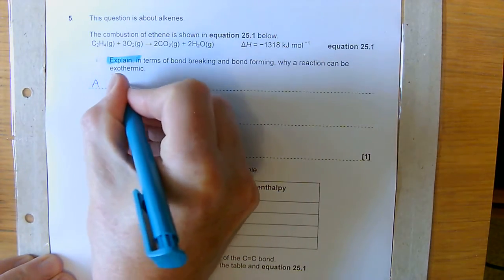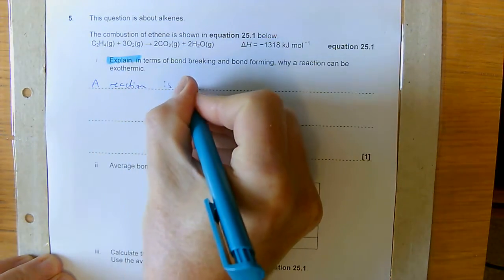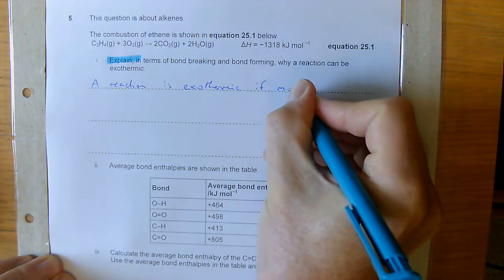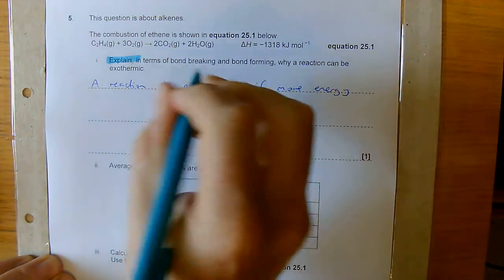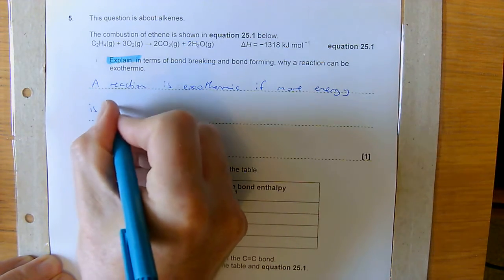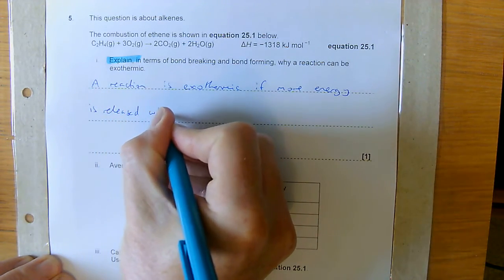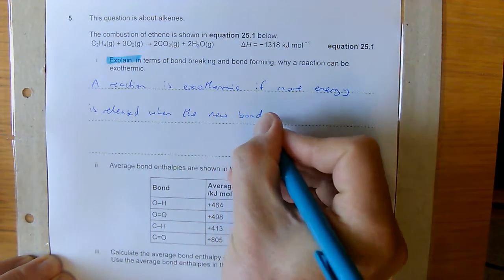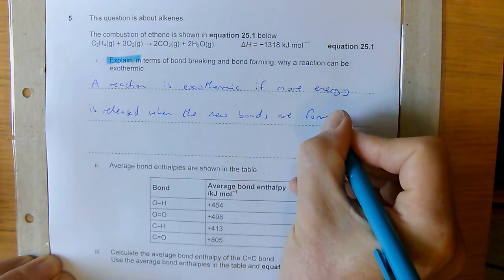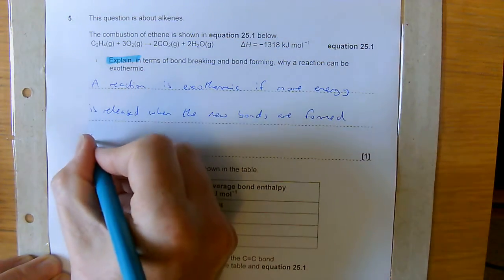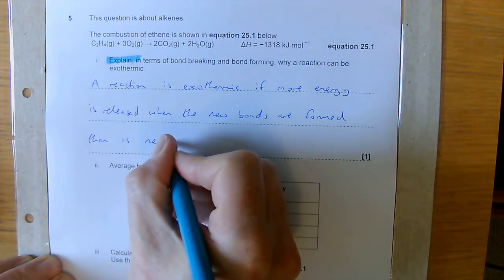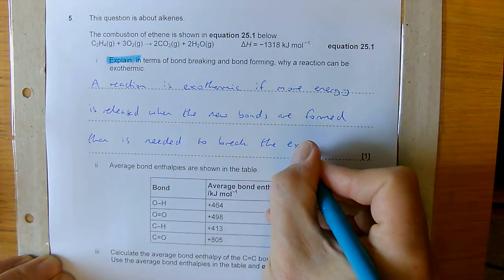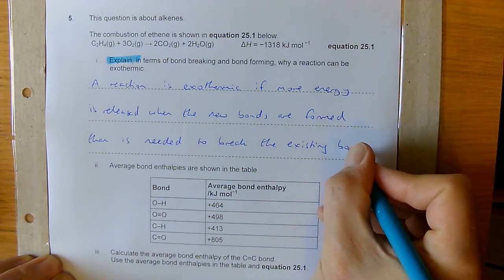We say a reaction is exothermic if more energy is released when the new bonds are formed, so this is the bonds forming in the products, than is needed to break the existing bonds in the reactants.